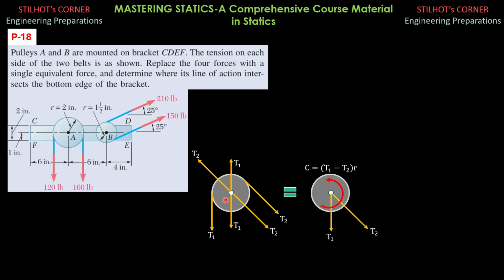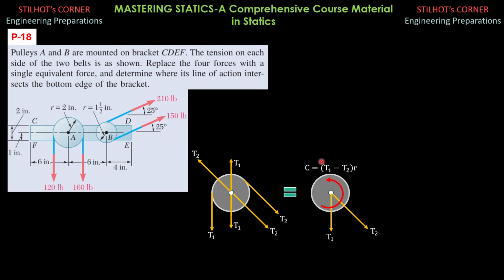Now, assuming that the counterclockwise couple produced by T1, so T1 times R counterclockwise, is greater in magnitude than the couple produced by T2, which is clockwise. So the net couple is counterclockwise as shown here, and this is the difference between the couple produced by T1 and the couple produced by T2.